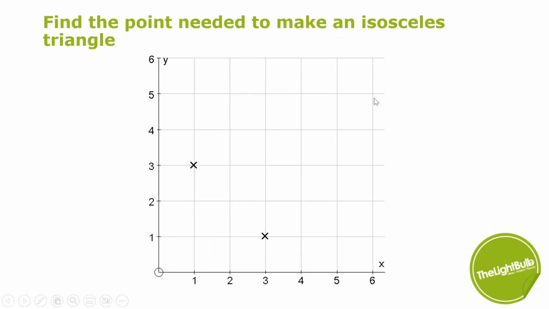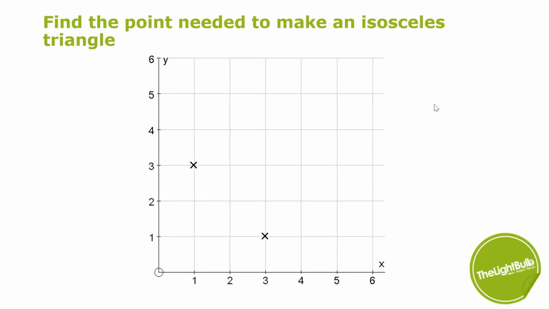And then finally, let's just have a look at this one here. And the point needed to make an isosceles triangle. I'll give you 10 seconds again. Okay, I wonder what you got for this one.